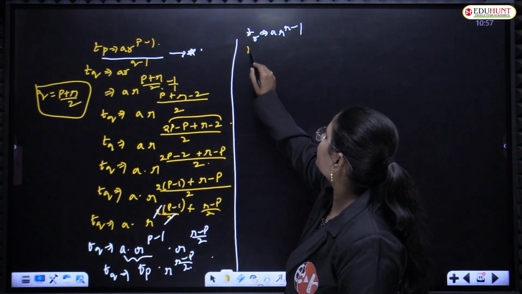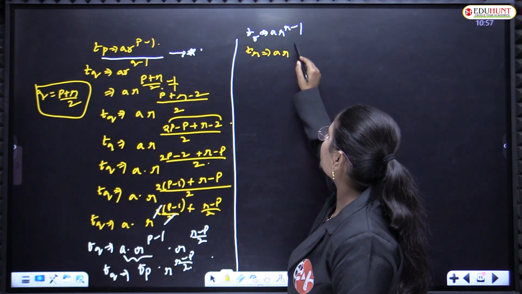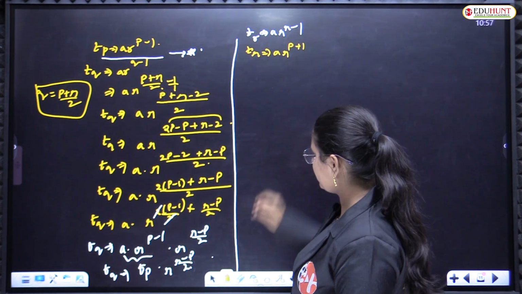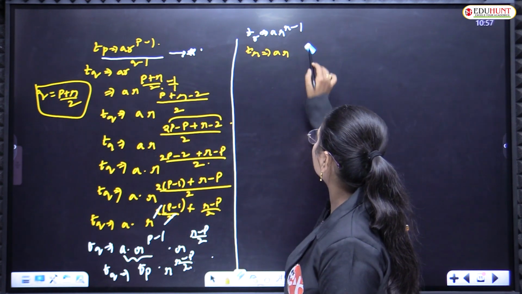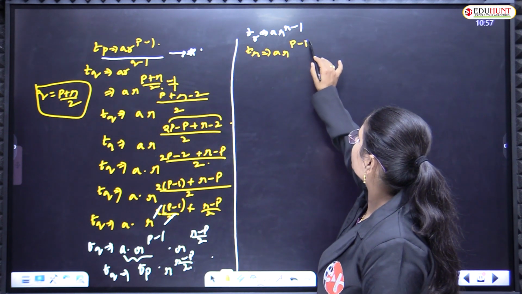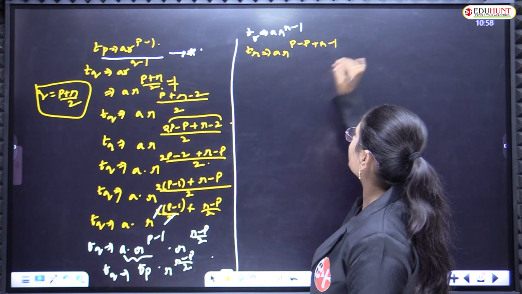So what I have to do? TR is equal to A into R power, and I will add plus P and minus P. I will just subtract and add P. Okay, why do I need to add? Now we add this plus P and minus P to the above step, R minus 1.